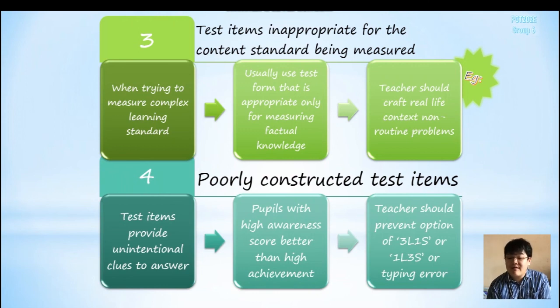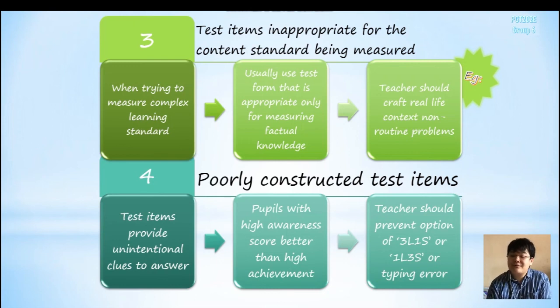Instead, people with high awareness score better than those with high achievement. It means that if the question consists of unintentional clues, students who are very aware of the oddities of the questions will get the answer correct instead of those who can solve the question well.